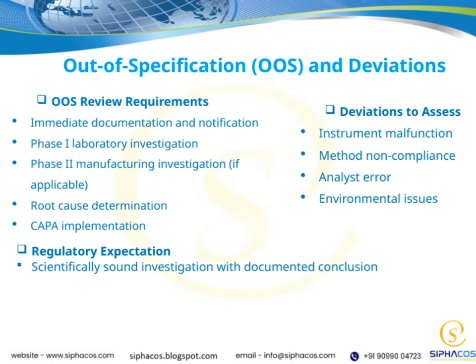If necessary, we move into a phase II manufacturing investigation to examine production factors. Determining the root cause is a crucial step, as it guides us in implementing effective corrective and preventive actions, or CAPA. These steps help us address the underlying issues and improve our processes overall. Remember, the goal is to maintain product quality and regulatory compliance through thorough, documented, and scientifically valid investigations.